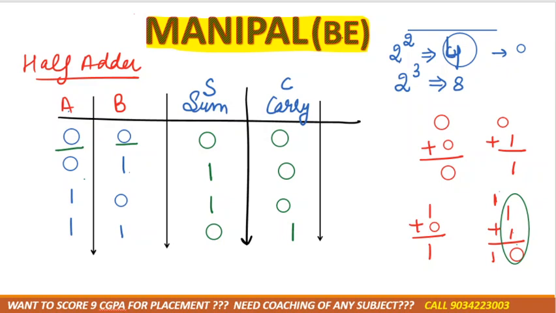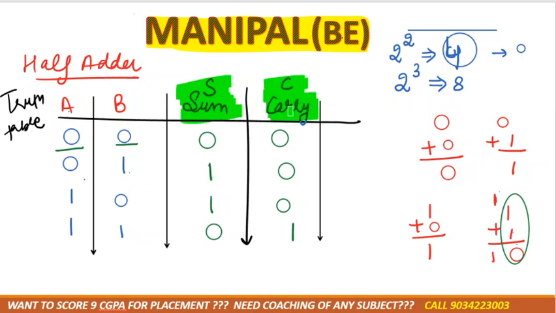Now the next step. The first step was to draw the truth table, right? Next, we need to derive the expression of the sum and the expression of the carry. How can we get the expressions for the sum and the carry?